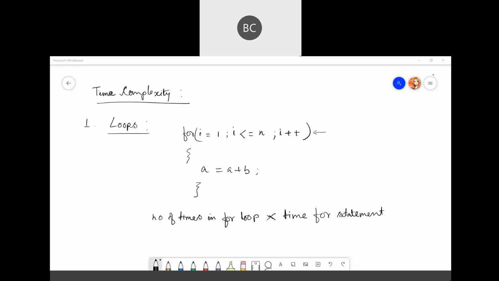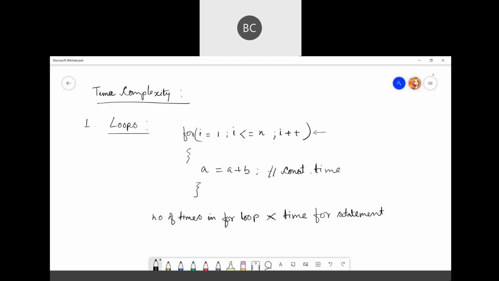Okay, so but then what about this part? This part will run for n number of times. Until and unless the condition is true, this one will be executed. So this part is like your constant time, right? This is a constant time.